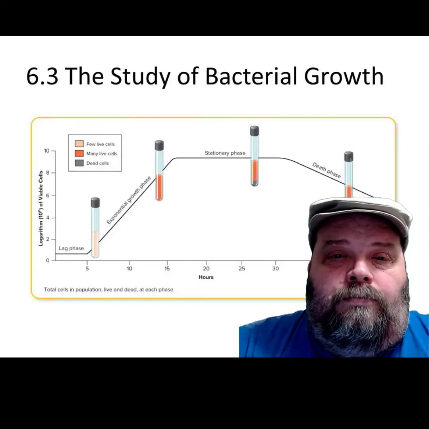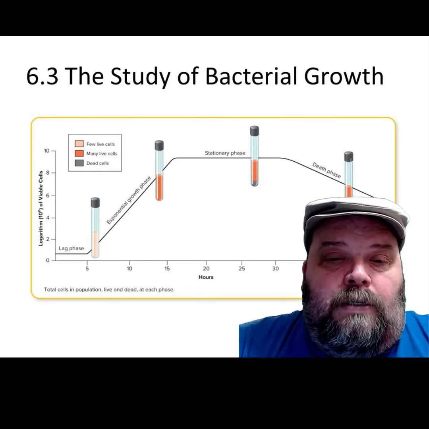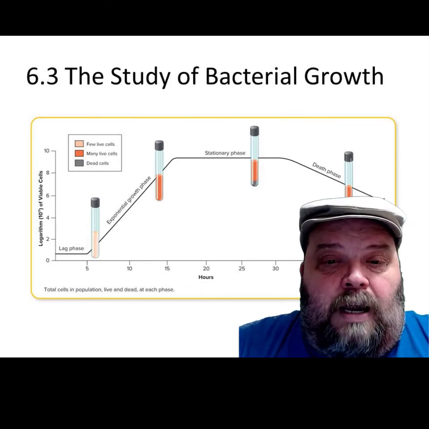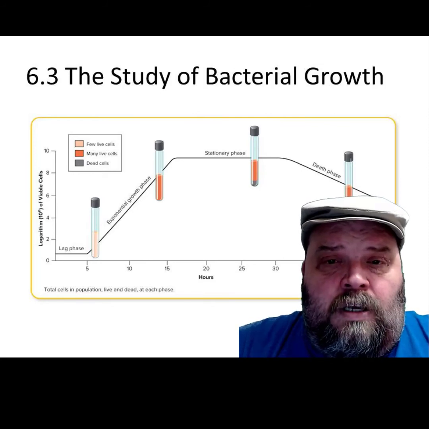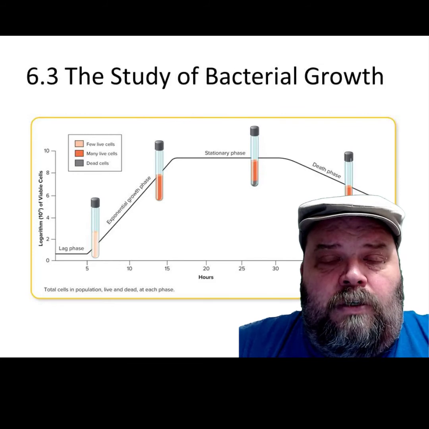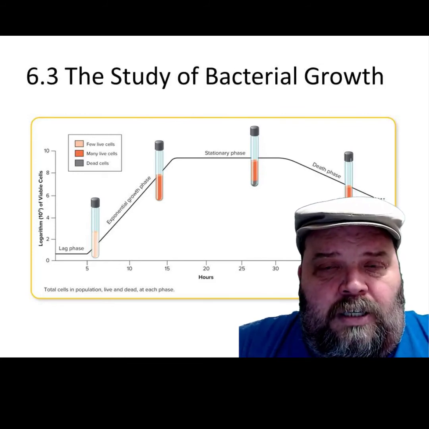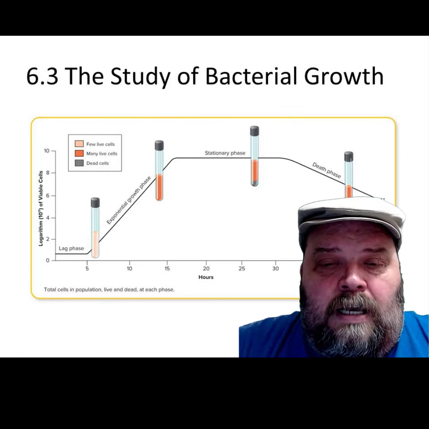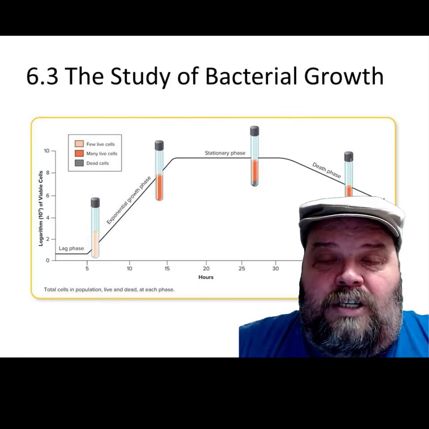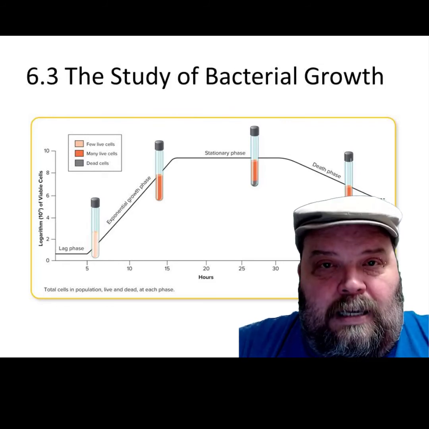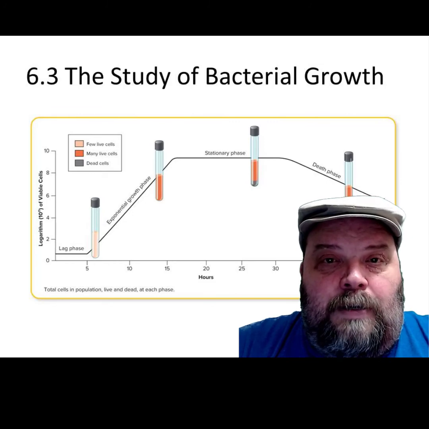As we see here, when we look at this graphed out, in the lag phase, everything's just starting. In the exponential growth phase, the log phase, the numbers are increasing logarithmically, 2 to the n. It just keeps going and going and going till it's the stationary phase, where the broth just can't sustain it anymore. It cannot sustain the exponential growth.